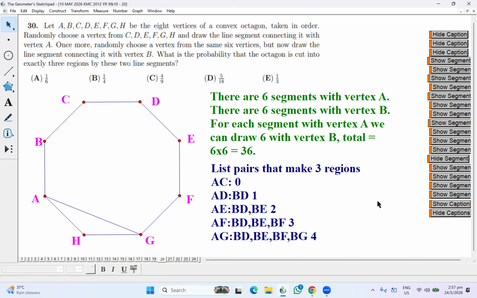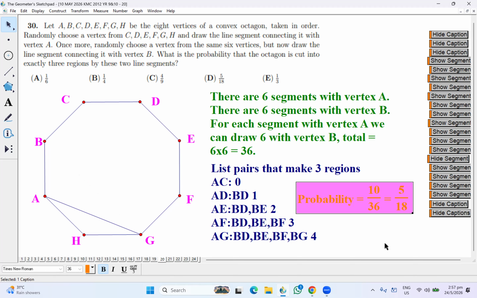AG, you can, 4 region: BD, BE, BF, BG also can. 4 segment, BD, BE, 3 region, BF, 3 region, BG also 3 region.